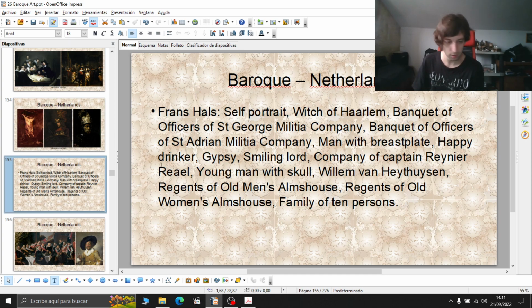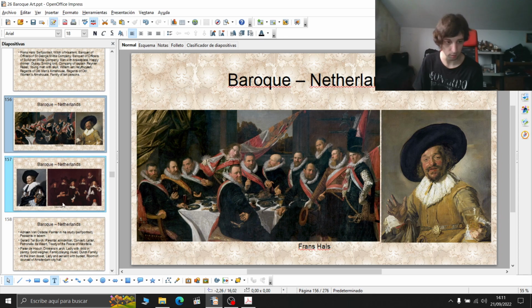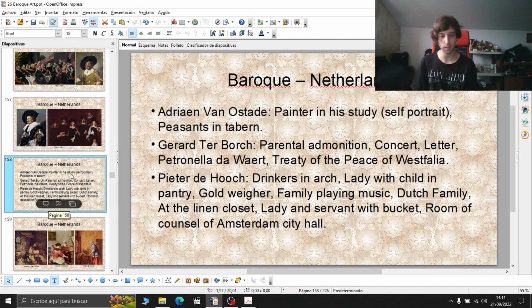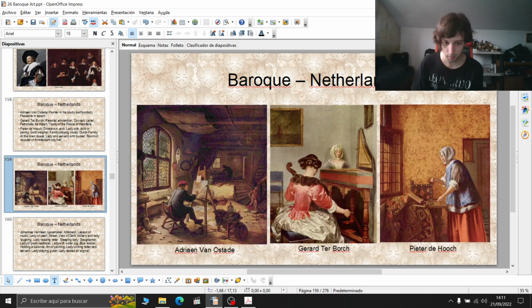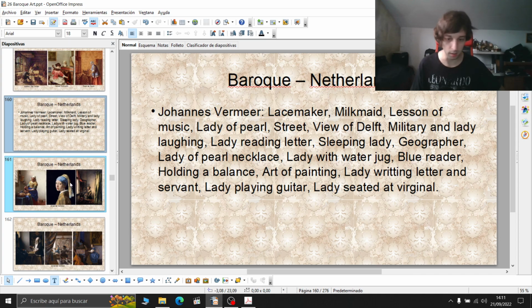Frans Hals. These are examples of Frans Hals. Adriaen van Ostade, Gerard ter Borch, Pieter de Hooch. Here different. Now we are entering this kind of paintings related with daily life, with Johannes Vermeer as the most impressive.